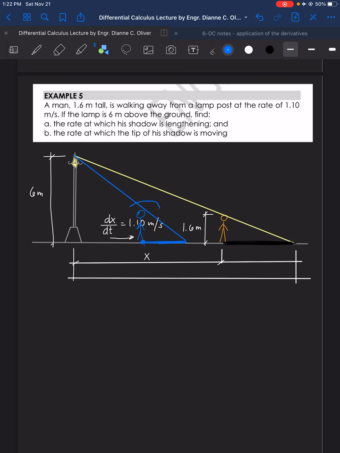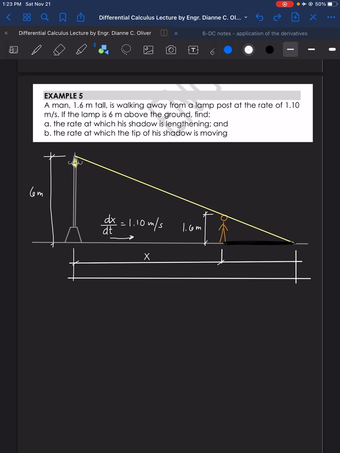As this man goes farther away from the lamp post, his shadow is lengthening. So that's why the length of the shadow is a variable. It increases as the man goes farther away from the lamp post.